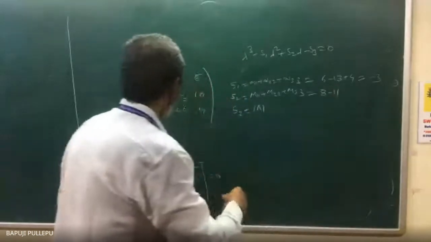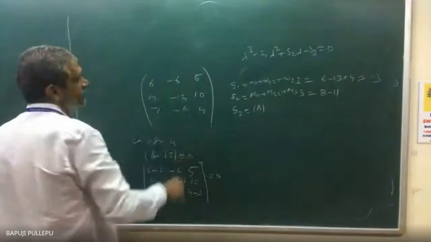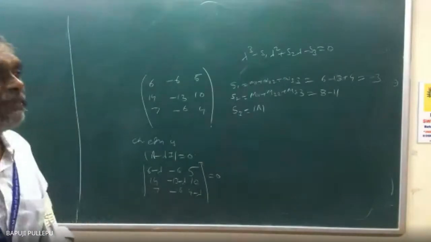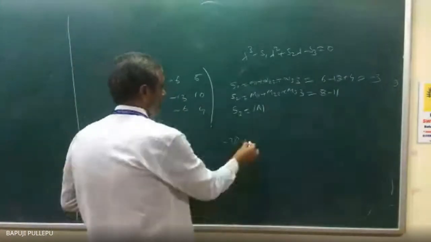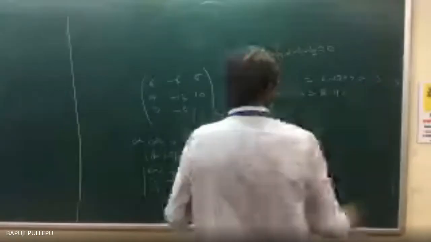Very good. Then the minor of 4: 6 into minus 13 is minus 78, and 14 times minus 6 is minus 84, so minus 78 plus 84, the answer is plus 6. So S2 is 8 minus 11 plus 6, equal to how much? Plus 3, sir.